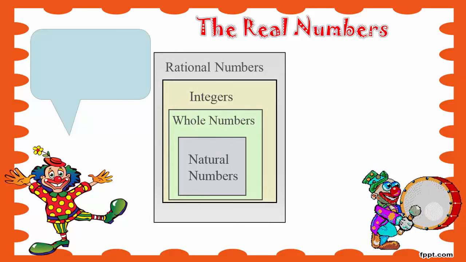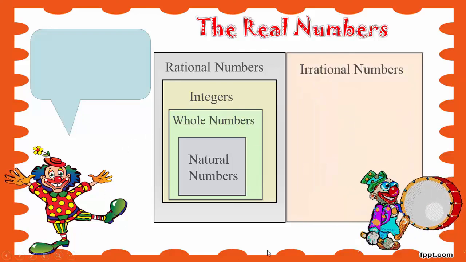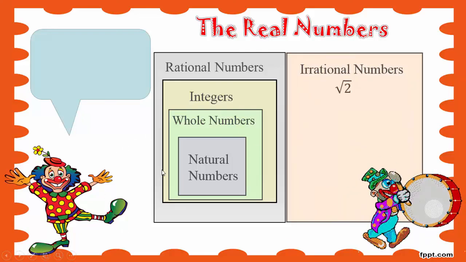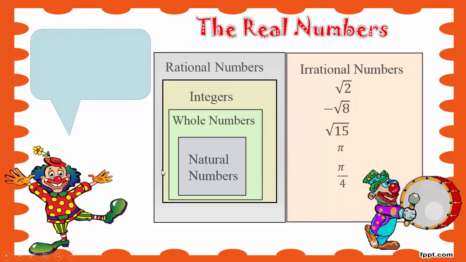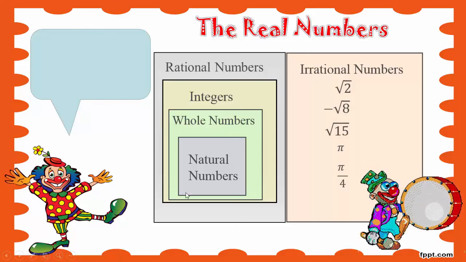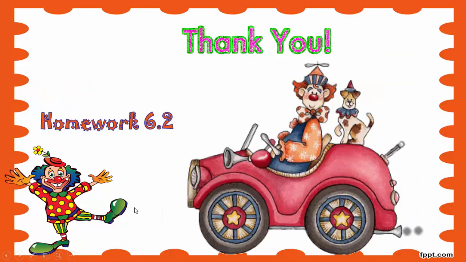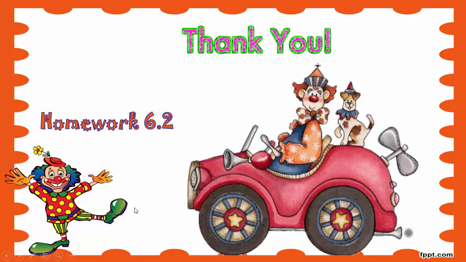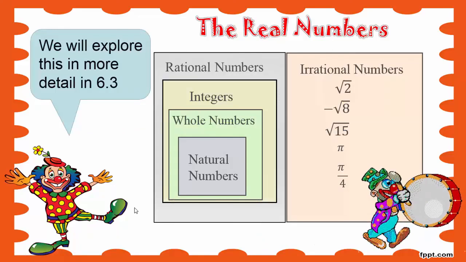And then we now have the irrationals, and some examples of irrational numbers, including psi, which we talked about as the golden ratio. All of these numbers make up the real numbers. And we will explore this in greater detail in 6.3.